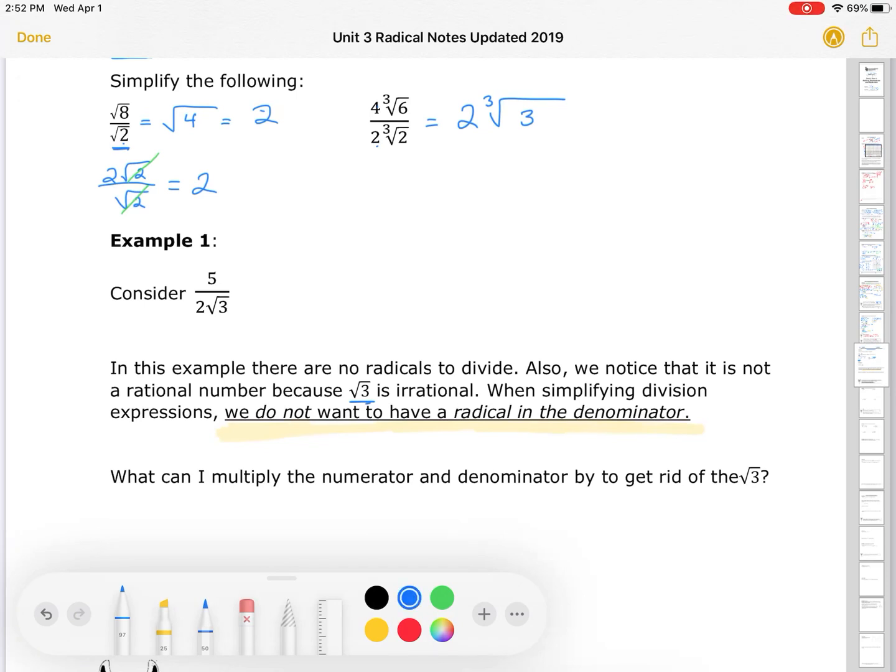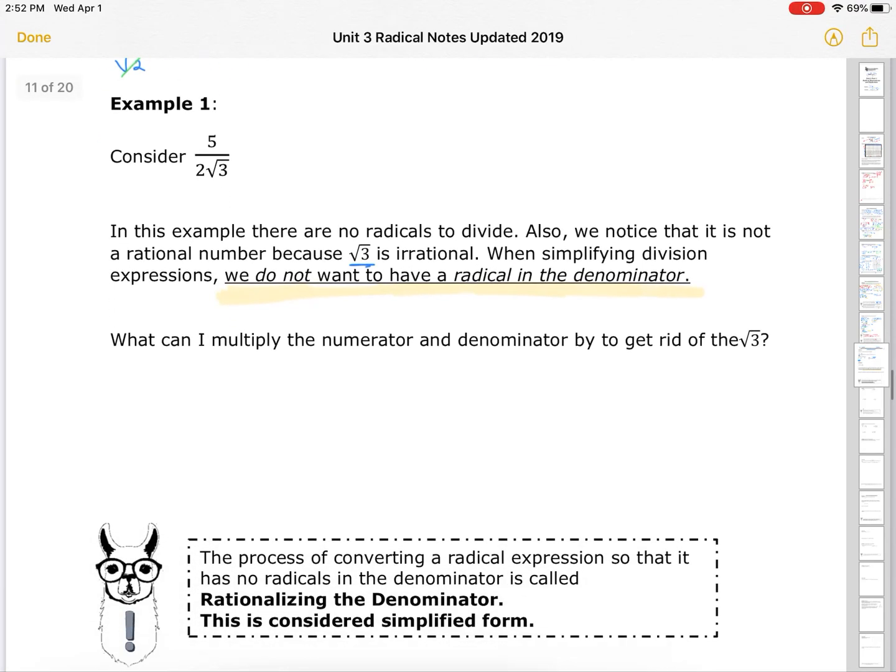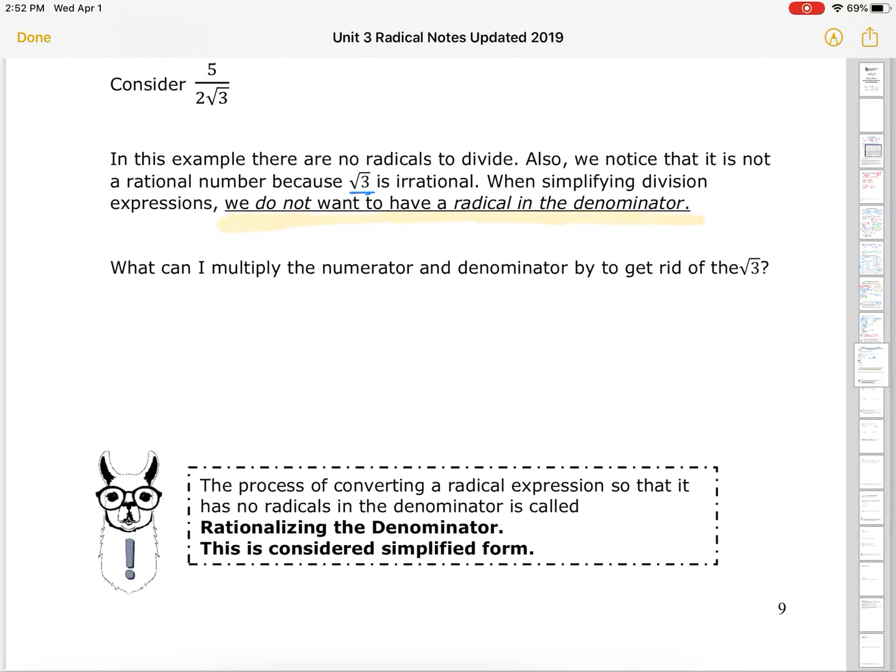So what we can do is multiply the numerator and the denominator, or we want to ask ourselves, what can I multiply the numerator and the denominator by to get rid of the root 3? Well, root 3 times root 3 equals 3.